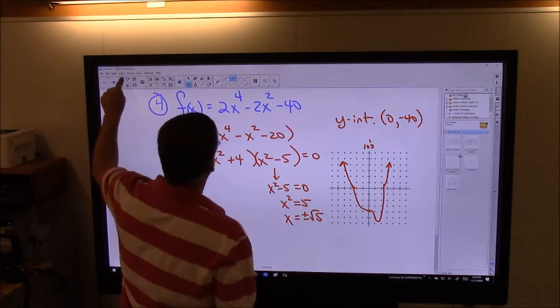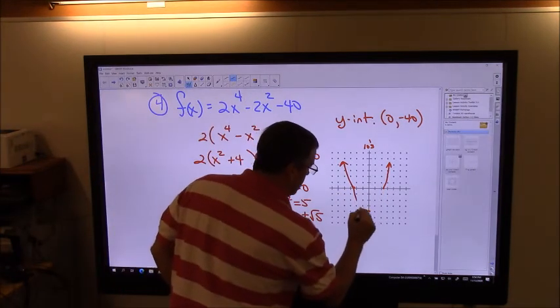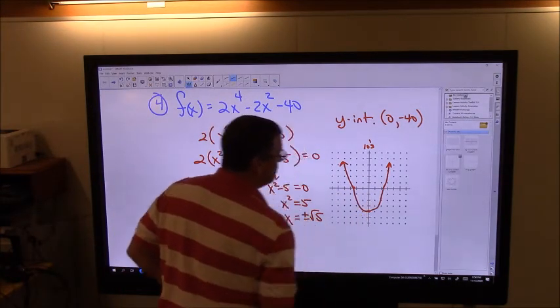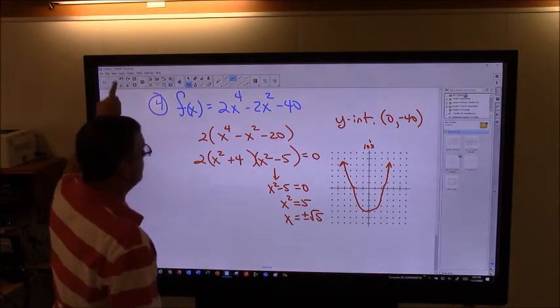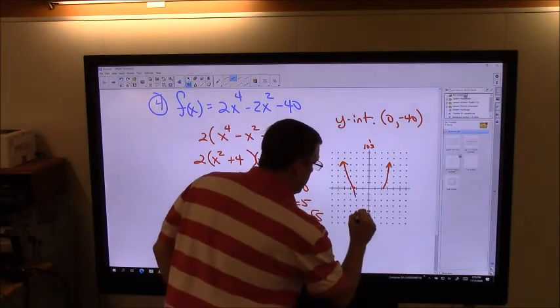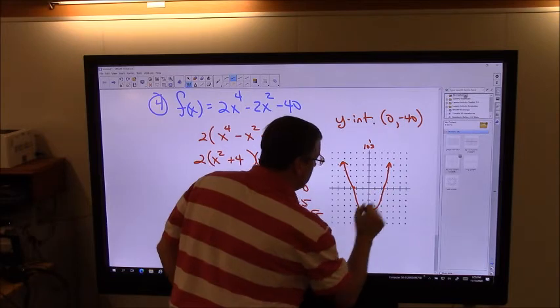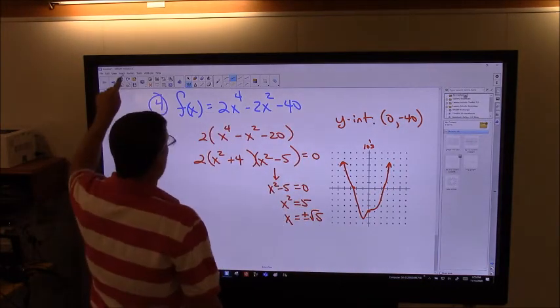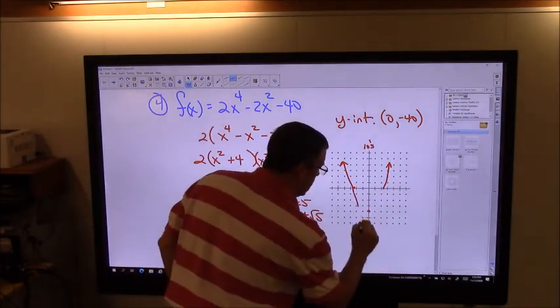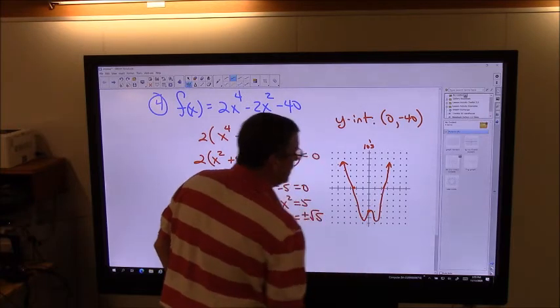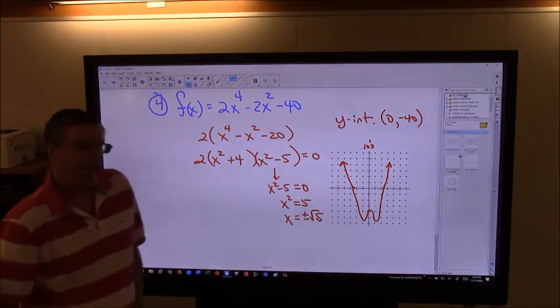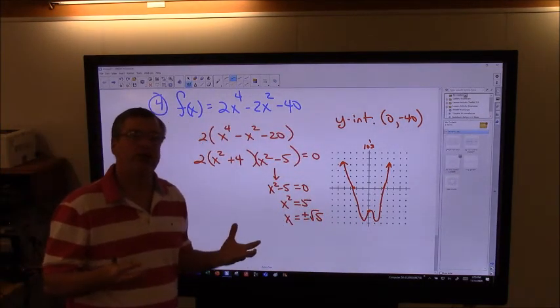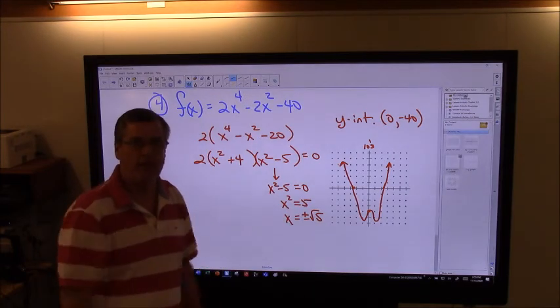It could do something like this. It could do something like this. Or it could even do something like this. And I really don't know unless I do some more math.